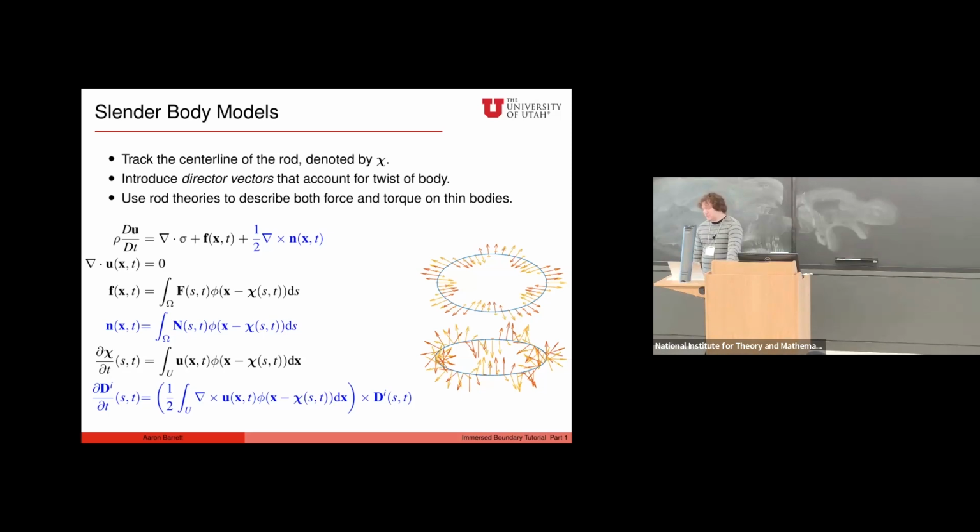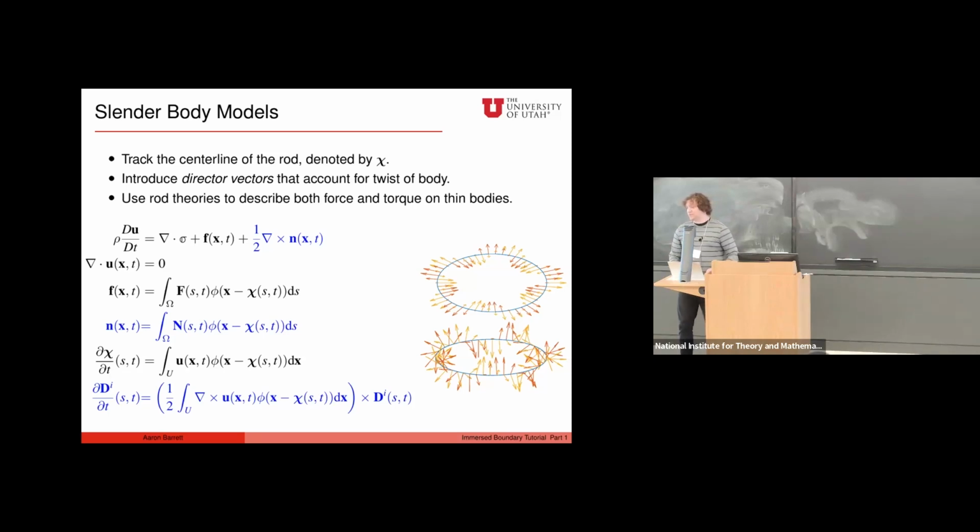To do that, we have director vectors that you can put on the structure associated with an orthogonal representation of the local frame. We need to specify how they move. So that's our last equation that says that our director vectors are going to rotate with the local angular velocity.